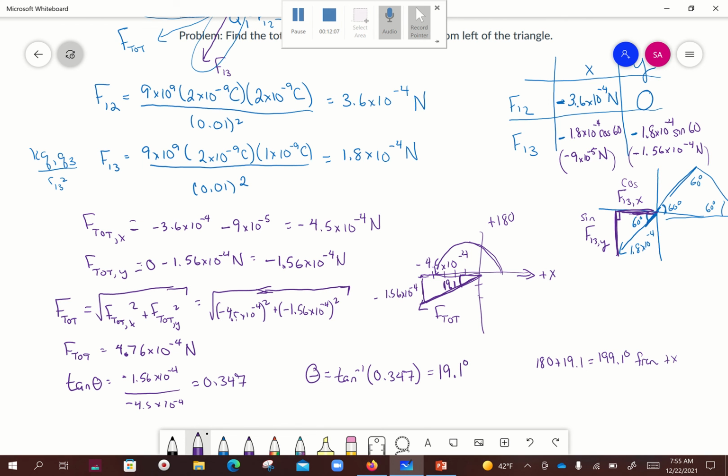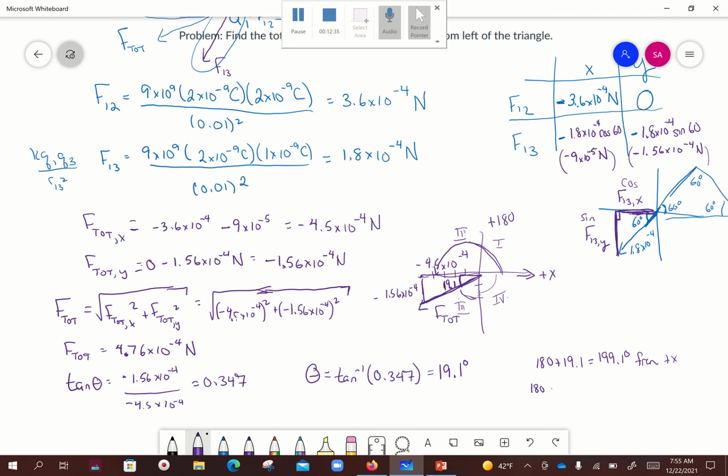And on the homework service, what it asks you to do is give a number between 0 and plus 180 if it's in quadrant 1 or 2, or between 0 and minus 180 if it's in quadrant 3 or quadrant 4. All right, so the number that you'd have to give on your Mastering Pearson homework, this is minus 90, and then we need to do minus whatever this angle is in here.